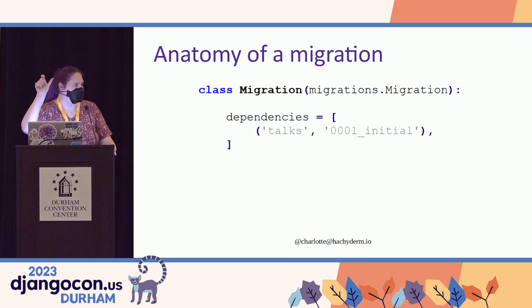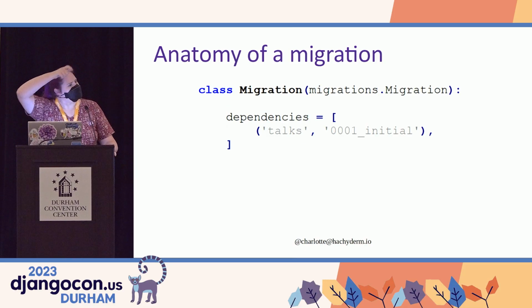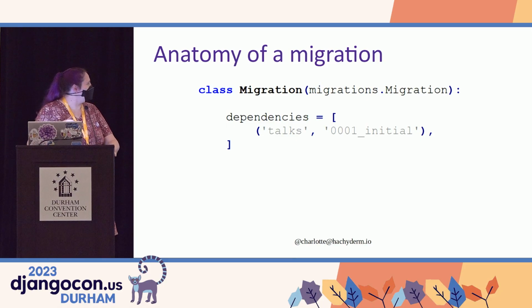So it tells us it's in the app talks, and it tells us the name of the migration that this one should come after. And when you have these Django migrations, this is one of the things that I've seen is sometimes people's first tweak that they ever have to do to a migration.